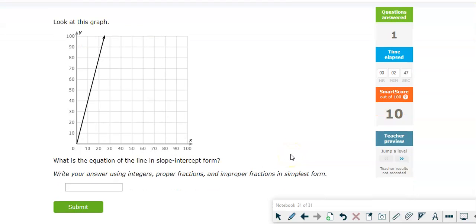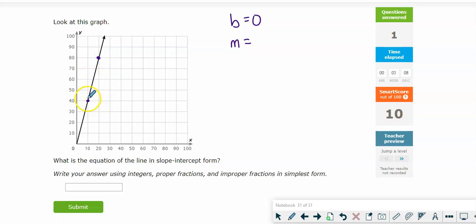Okay, let's look at this one. Okay, so notice that these are counting by tens, but my b is 0, so the y-intercept is 0. I need to find the m, or the slope. So let's see, I'm gonna go from here to here.